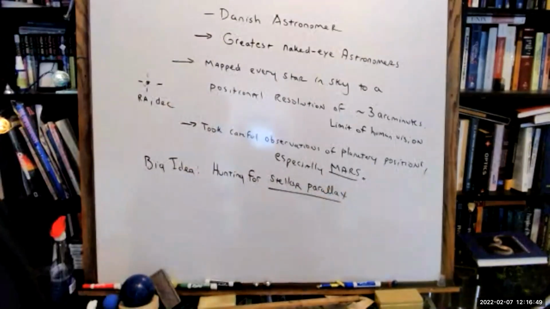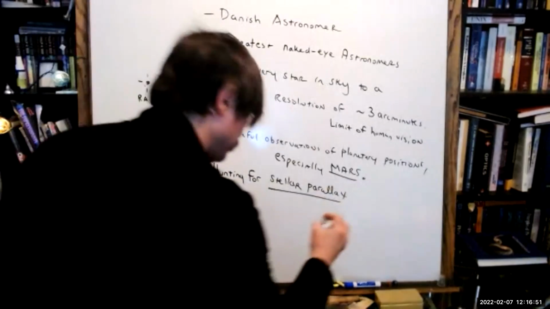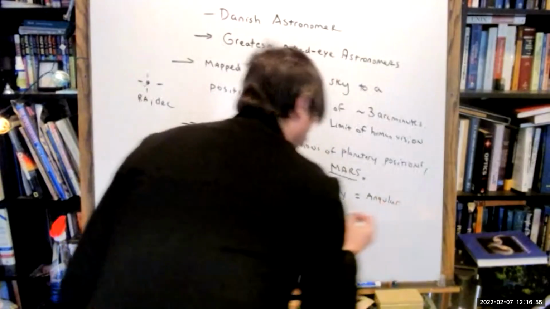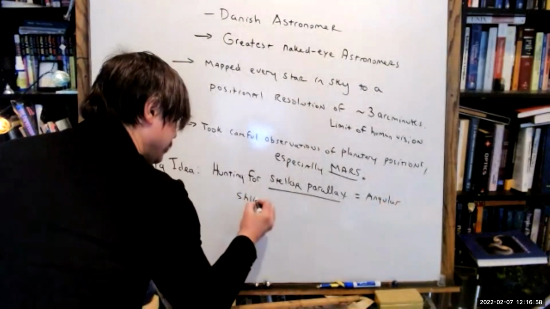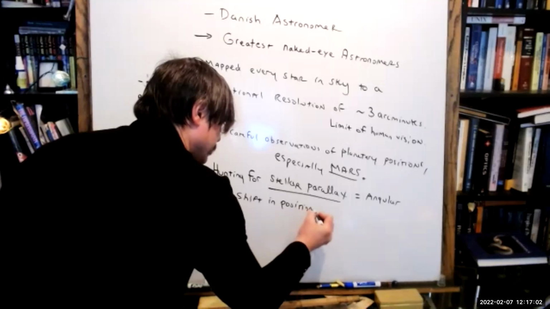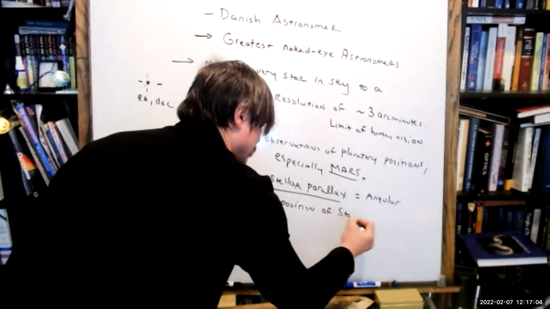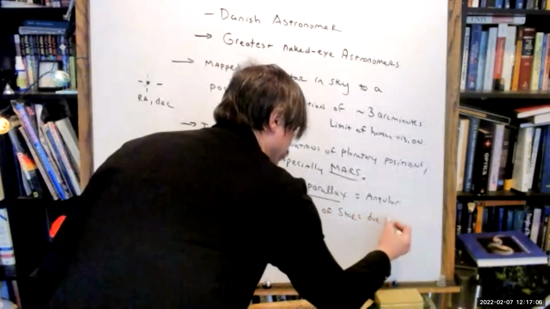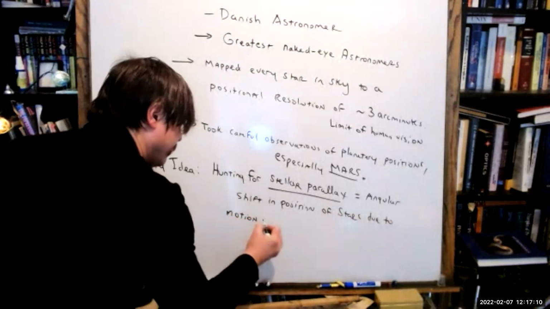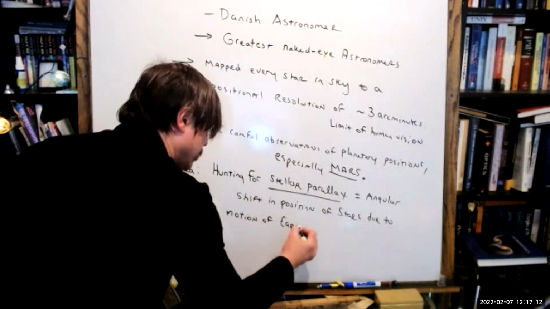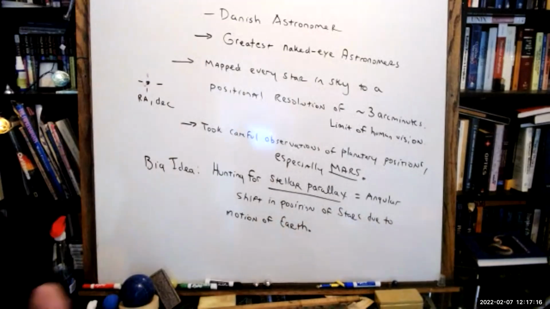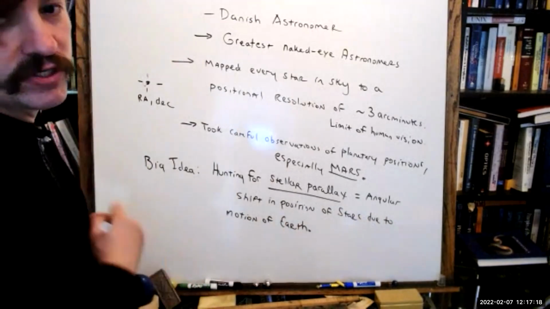And just to make a quick and dirty definition of it again, stellar parallax would be an angular shift in the position of stars due to the motion of Earth.